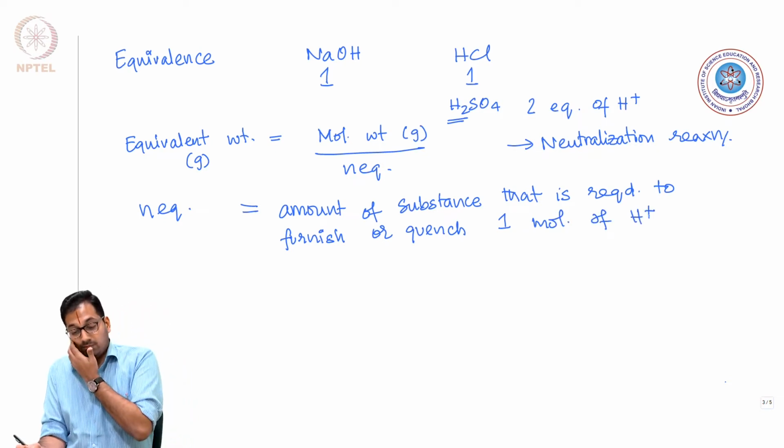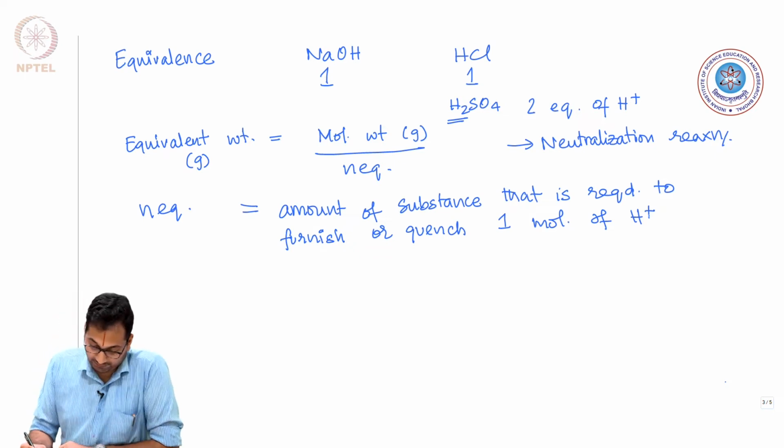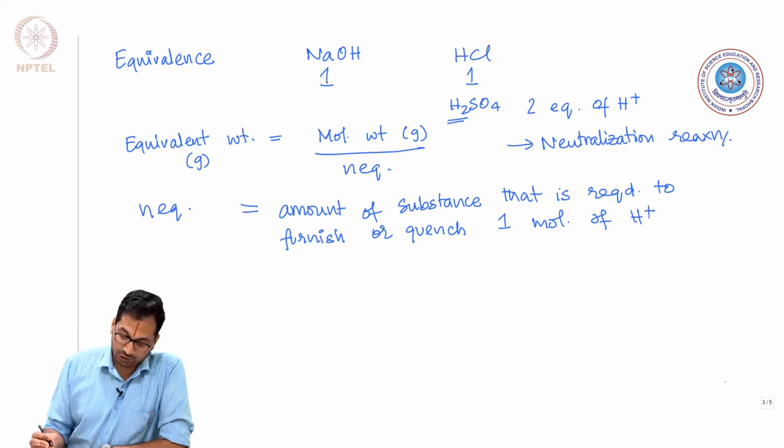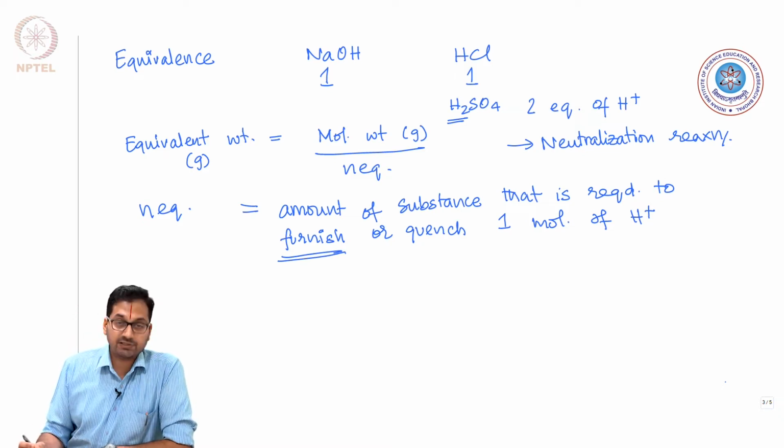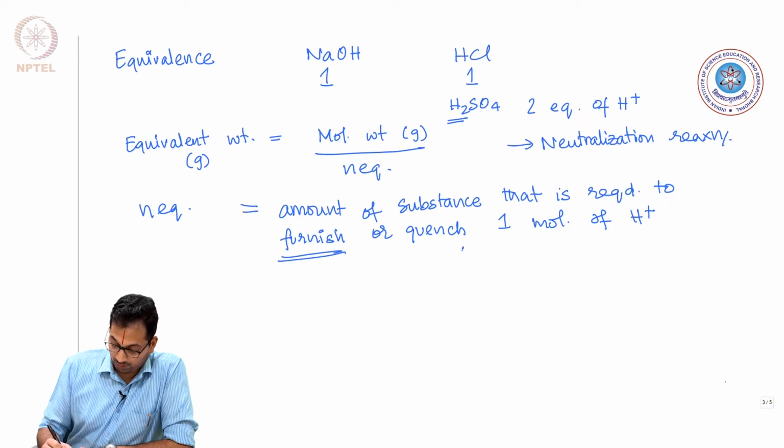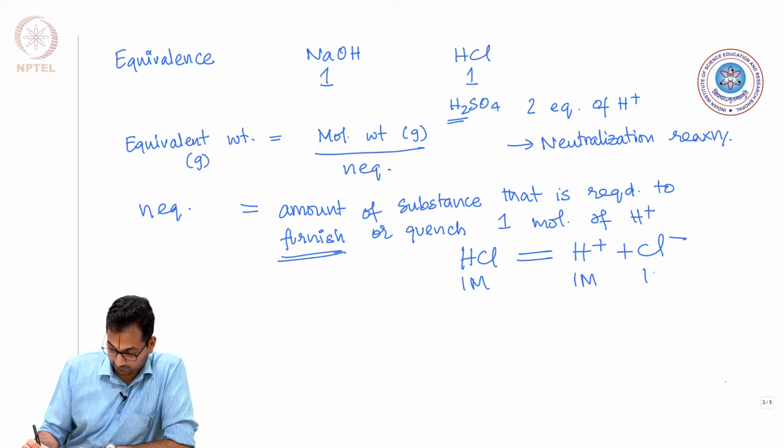So what we mean by this is that, in the case of H2SO4, it can furnish 2 moles of H plus. On the other hand, when you are looking at HCl, a 1 molar solution of HCl ends up providing 1 mole of H plus ions.